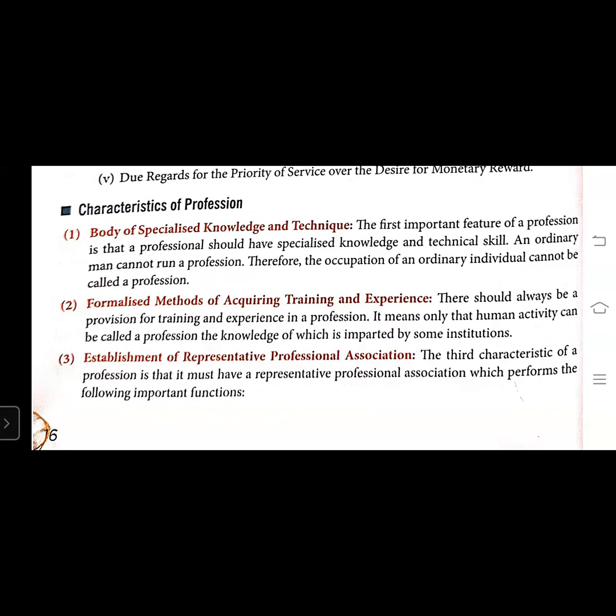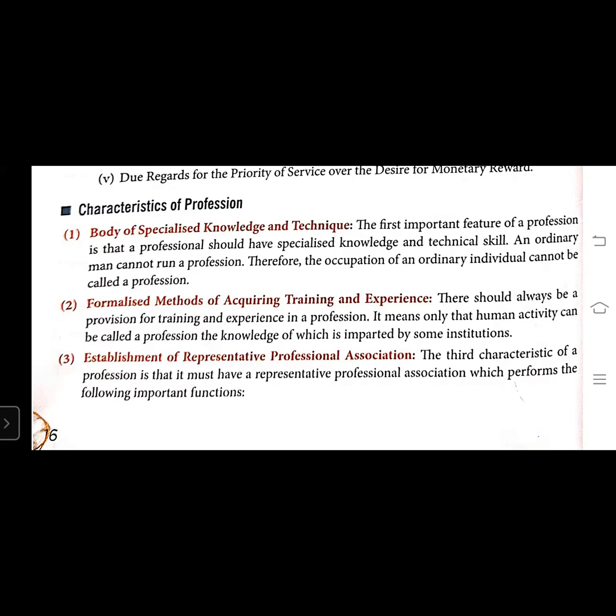And third point is the establishment of representative professional associations. So students, all professions are affiliated to a professional association, which regulates entry, grants certificates of practice, and develops a code of conduct.